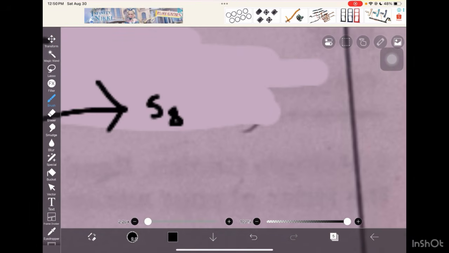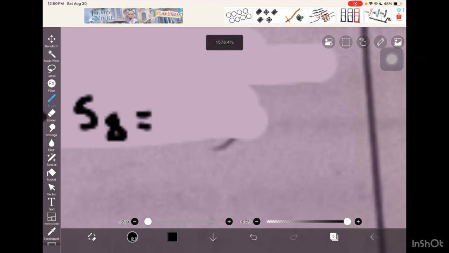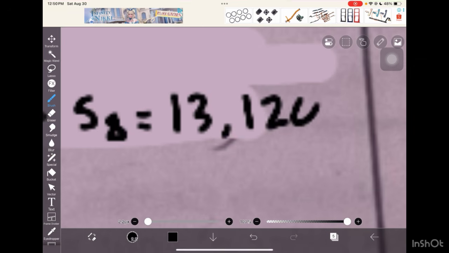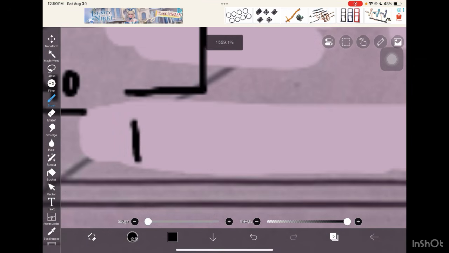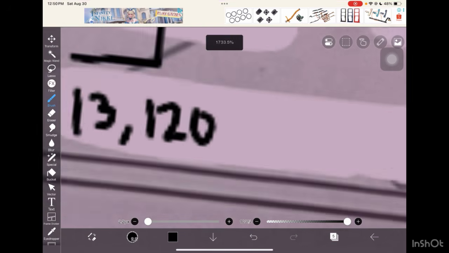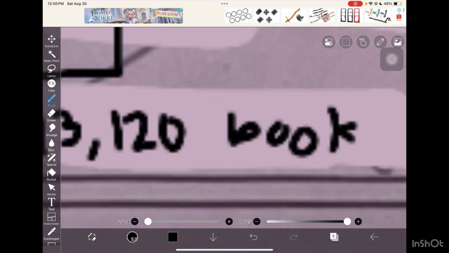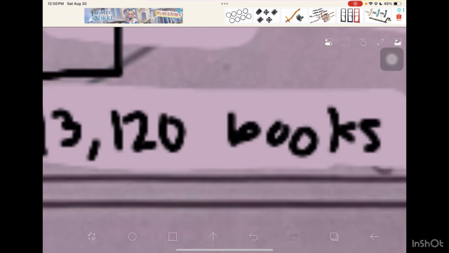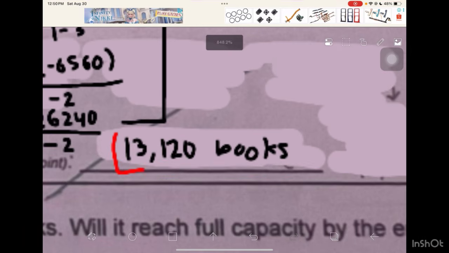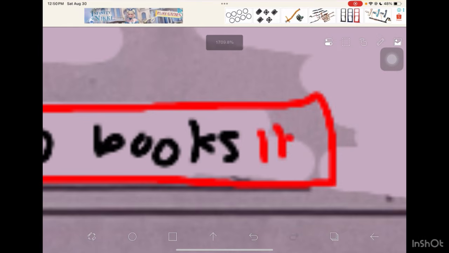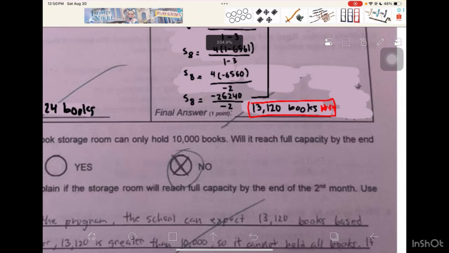S of 8 is equal to 13,120. So the answer is 13,120 books. Add labels, guys. Add labels. That's going to be number 34. Okay, number 35.